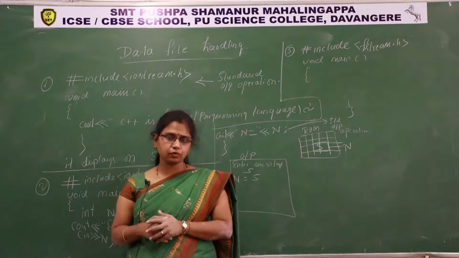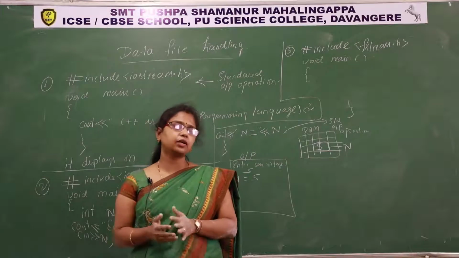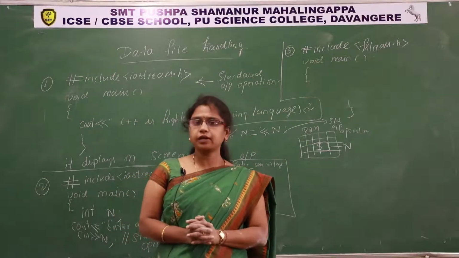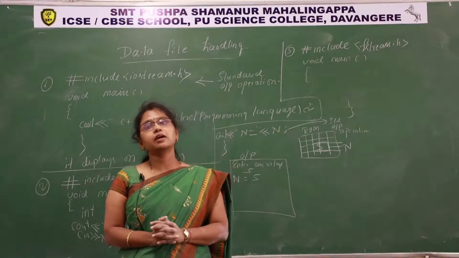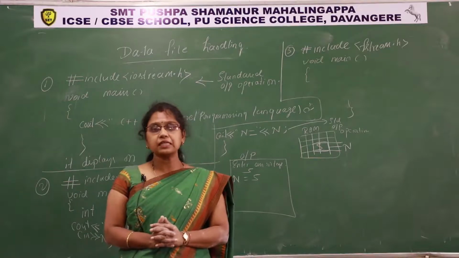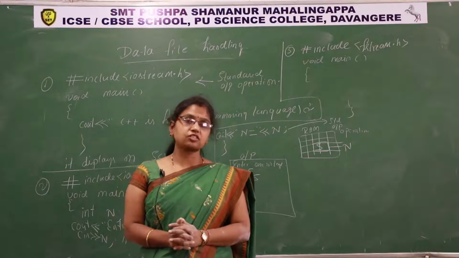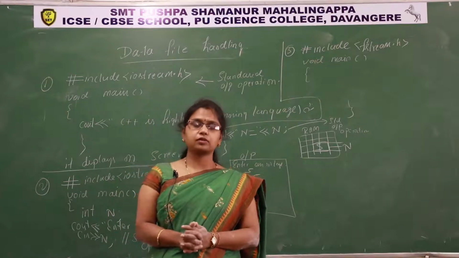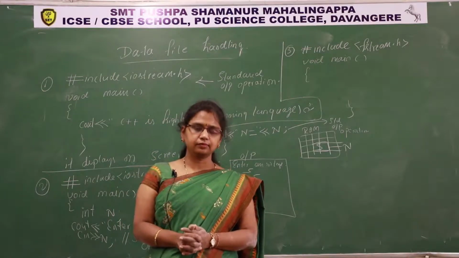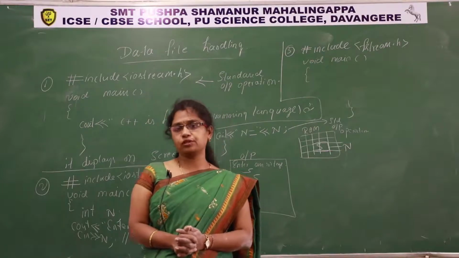In our previous programs, we performed standard input and output operations. To do that, we have taken cin and cout. Actually, cin and cout are objects. Cin is a standard object of class iStream. Cout is a standard object of OStream.